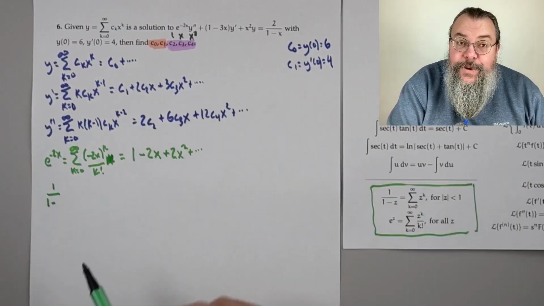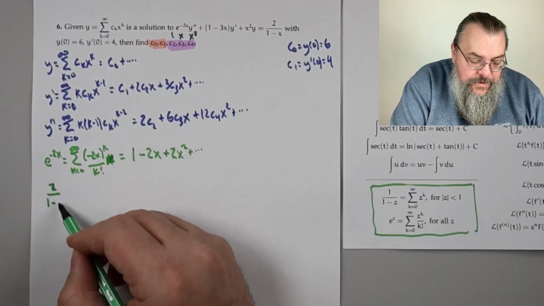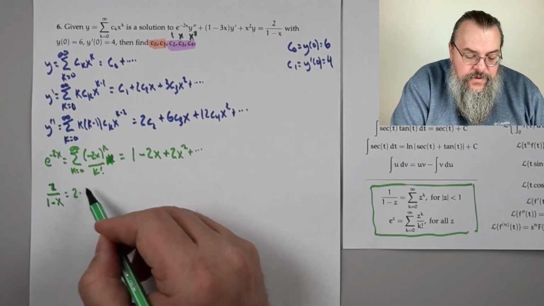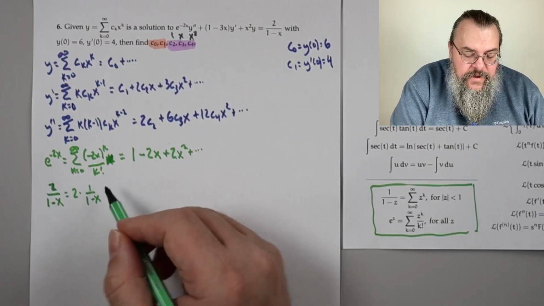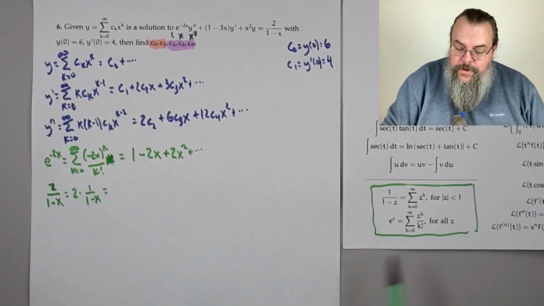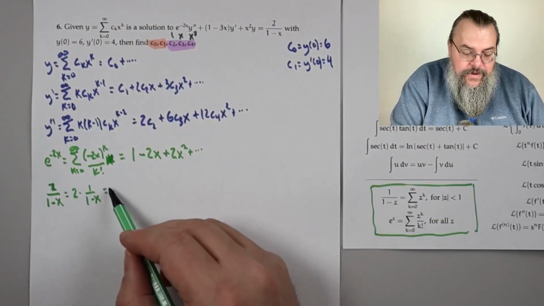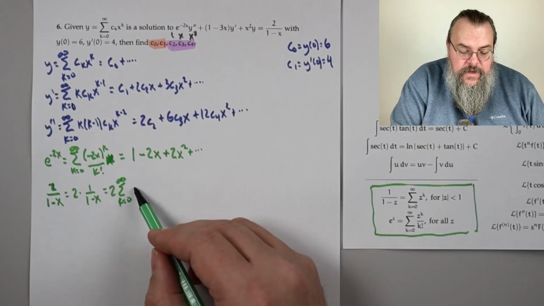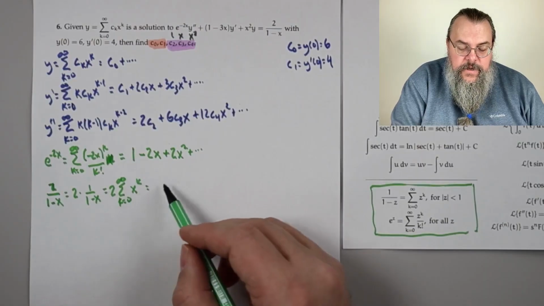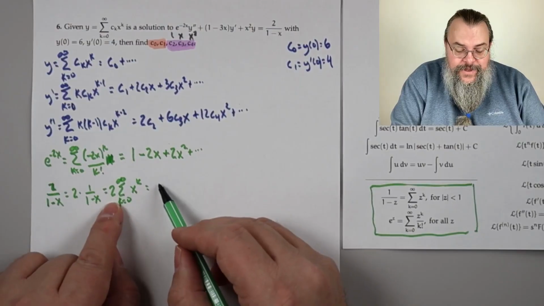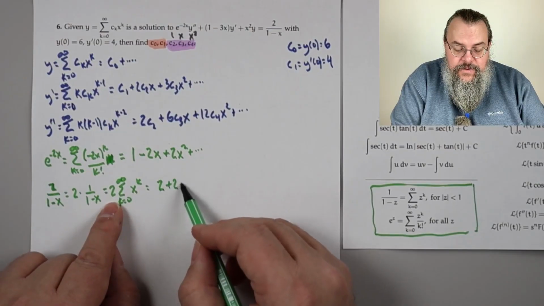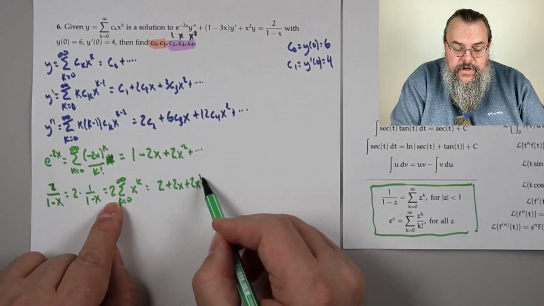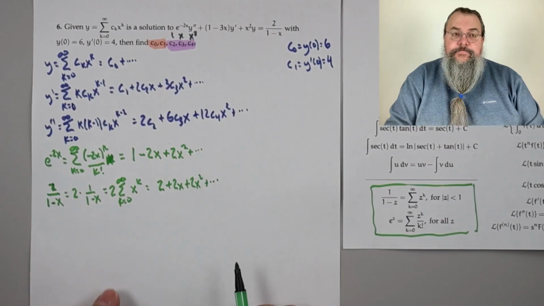But for us, let's see, what do we have? The last piece, 2 over 1 minus x. So 2 over 1 minus x, that's 2 times 1 over 1 minus x. Well, wait a second. 1 over 1 minus x, that's the sum, k equals 0 to infinity of x to the k, which, don't forget the 2, looks like 2 plus 2x plus 2x squared, dot, dot, dot.